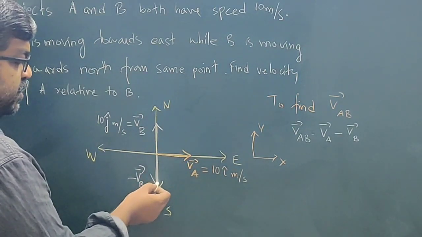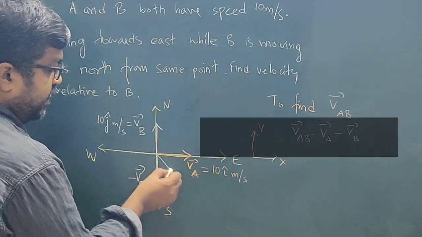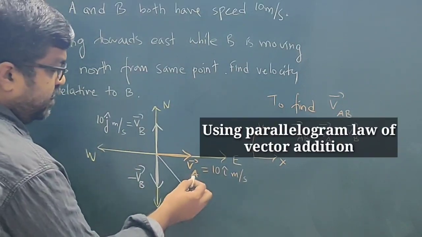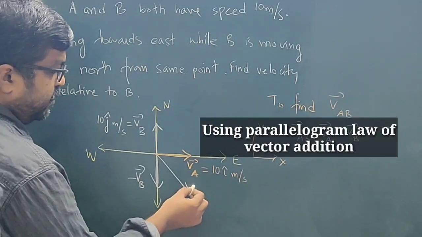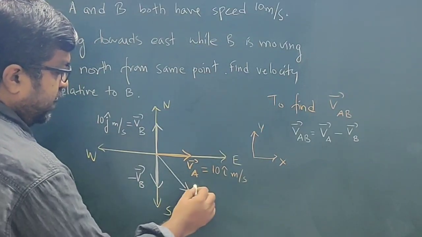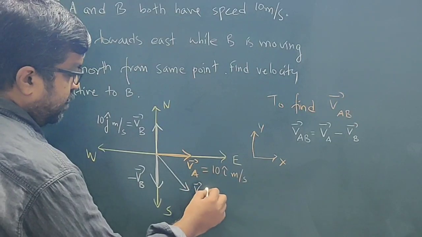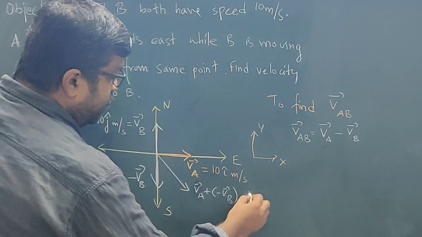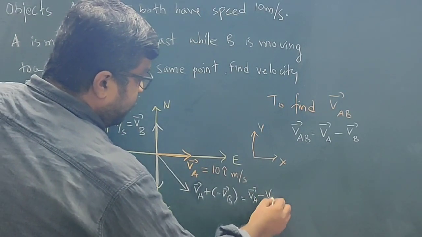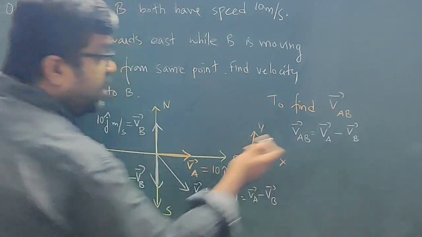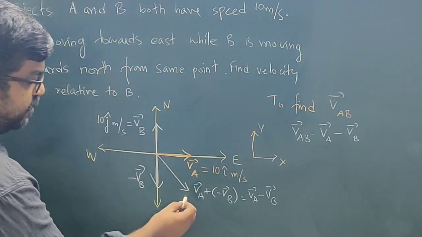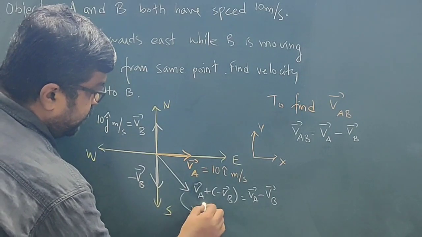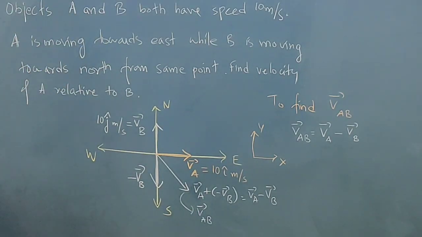The resultant of these two will be in this direction. Resultant means I have to add these two, so I get VA plus minus VB, that is equal to VA minus VB. And VA minus VB is VAB. So this vector represents VAB.